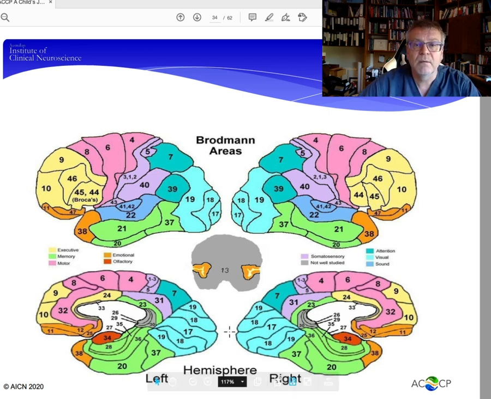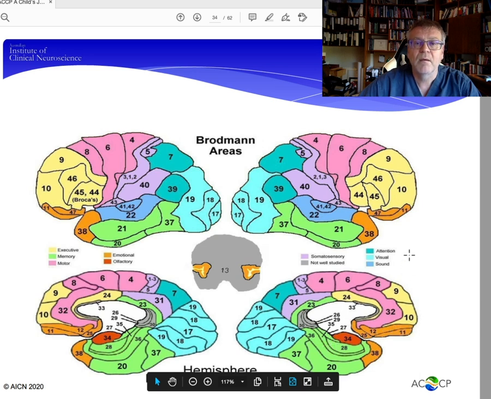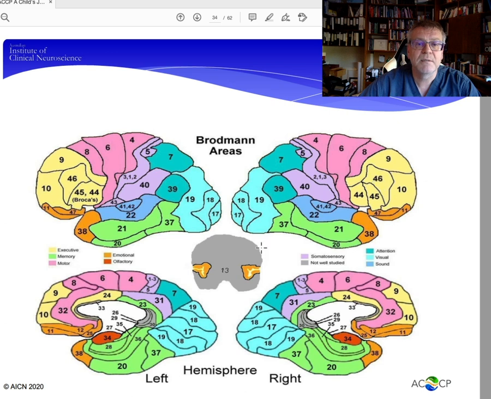But let's see if I can find you area 11, which is right here. Okay, so we got area 11, area 45 and 46. So you start to see that these are all areas in the frontal area of the brain, the orbital frontal cortex and the dorsolateral frontal cortex.